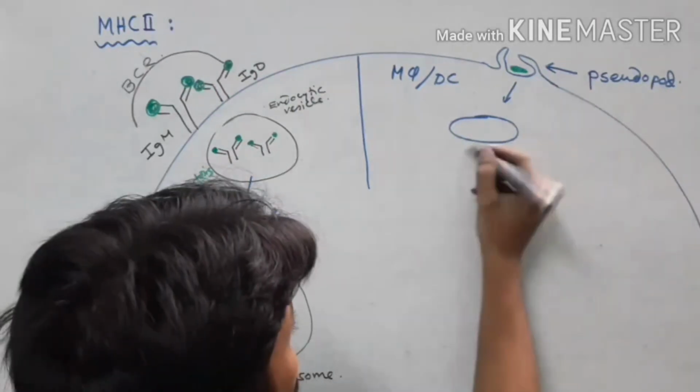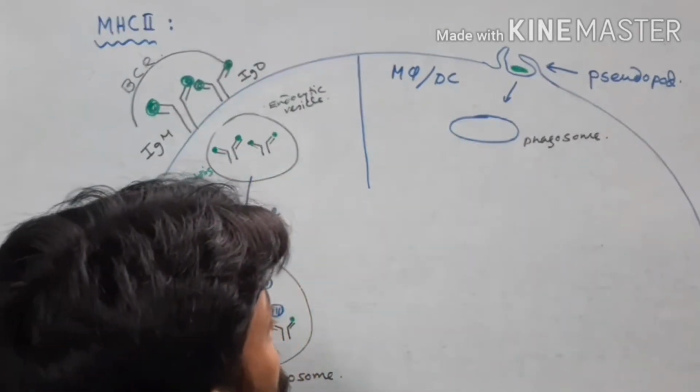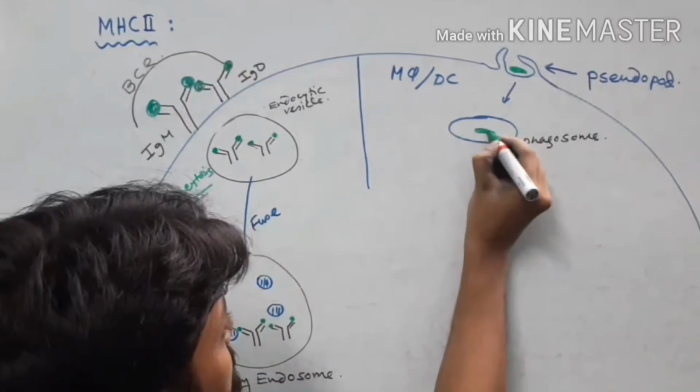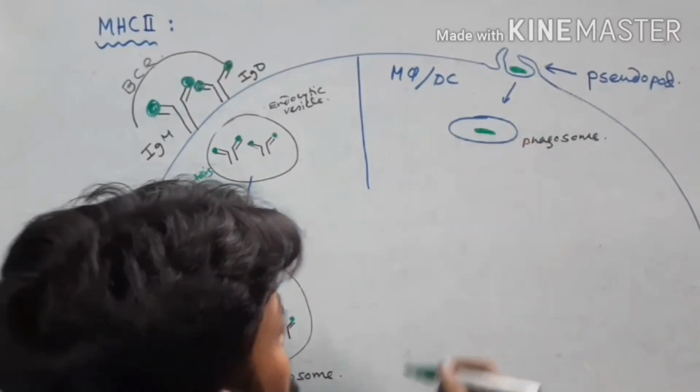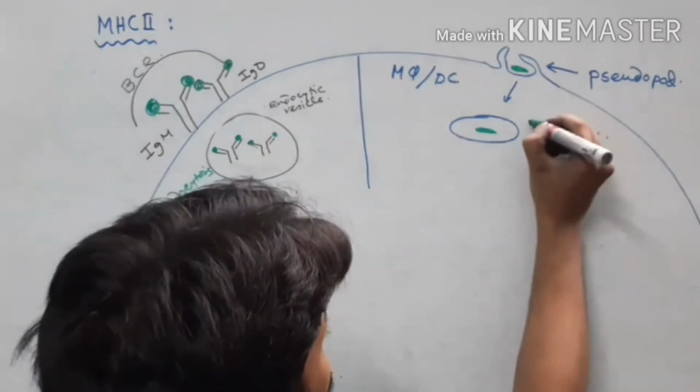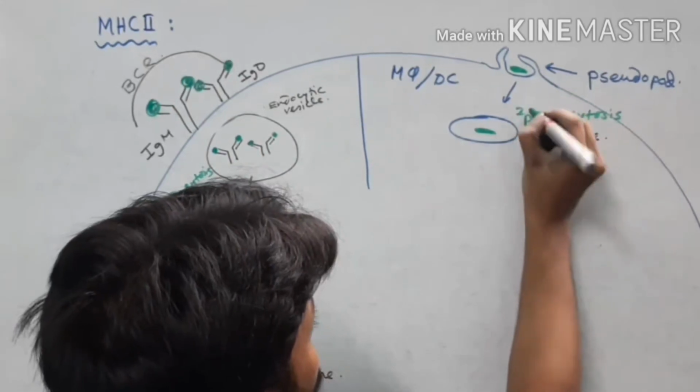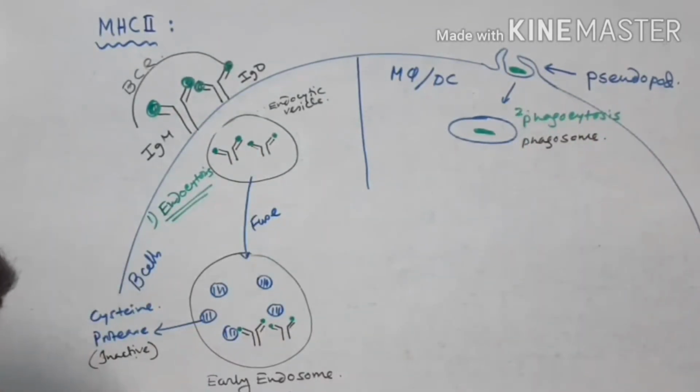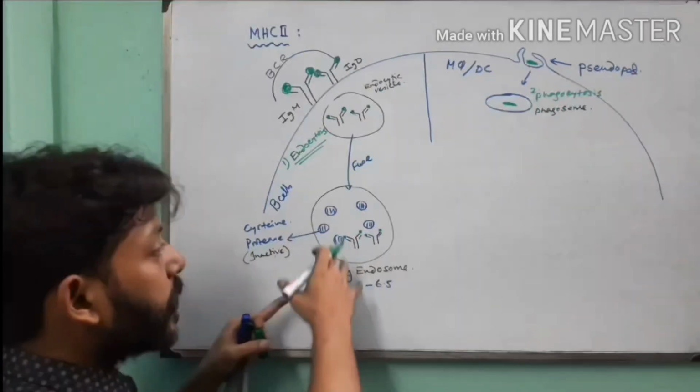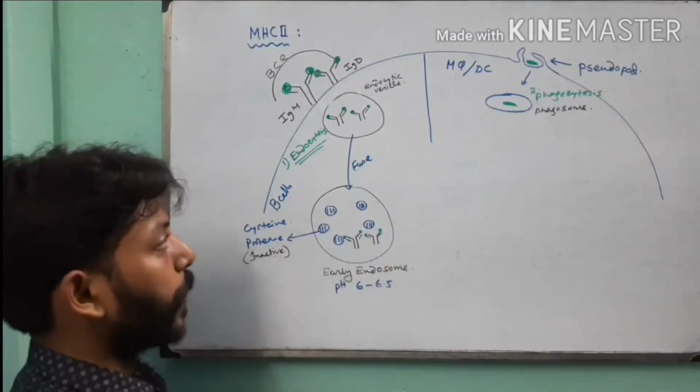This is called a phagosome, and inside the phagosome bacteria is present. It can be bacteria, protozoa, whatever it may be. This process is called phagocytosis. So this is the second way an antigen or pathogen can enter into the cell. This is called the exogenous pathway because in this case the MHC2 molecule presents this type of antigen or peptide.